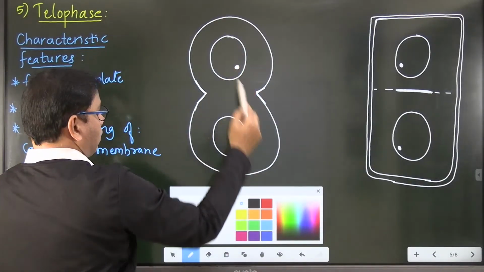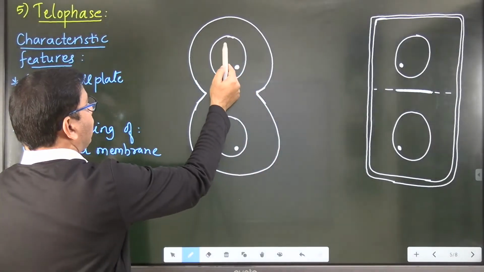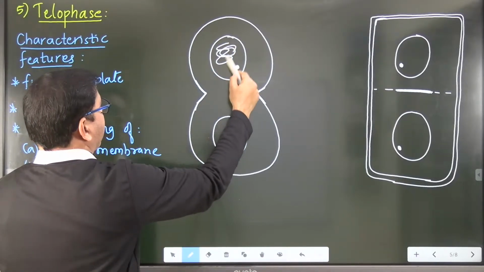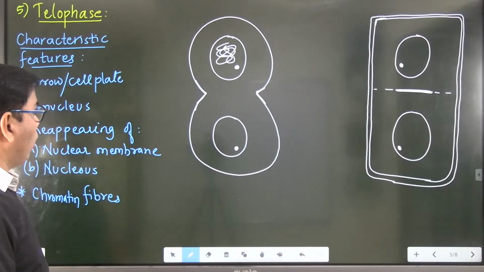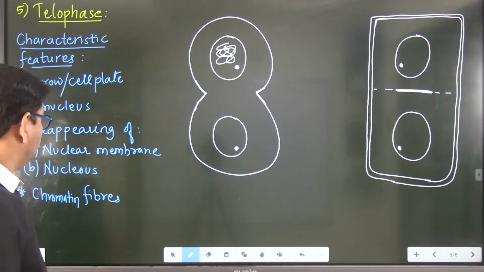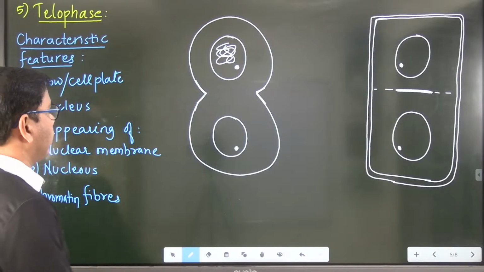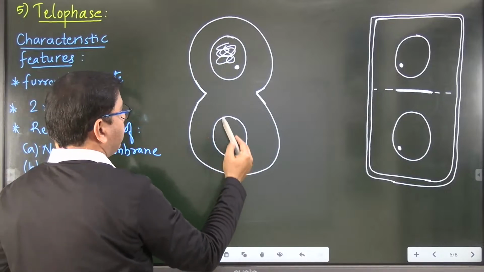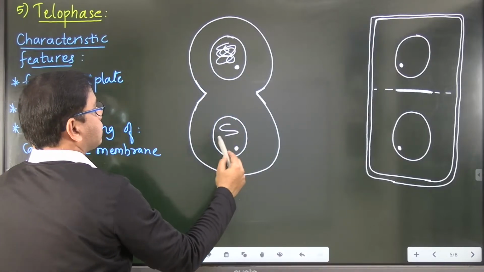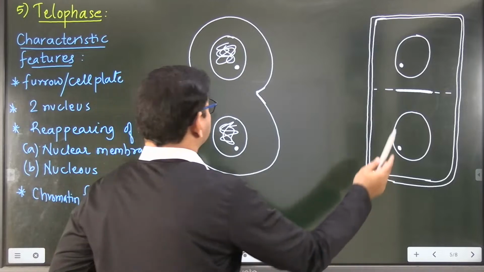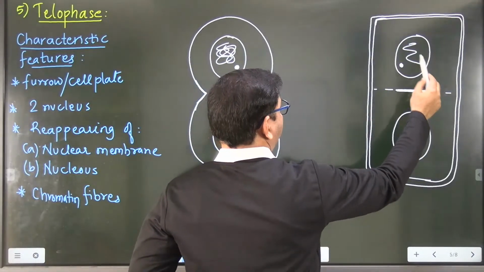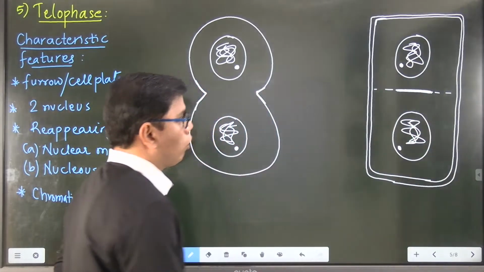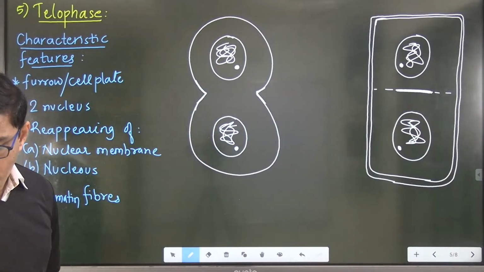Now chromosomes will uncoil, and draw something like this. Don't draw too dark. These are chromatin fibers. Sister chromatids separate. Chromosomes uncoil to chromatin fibers, right?